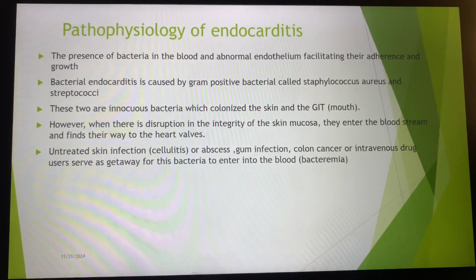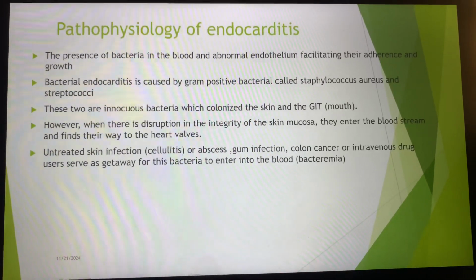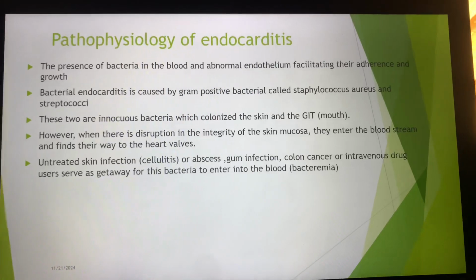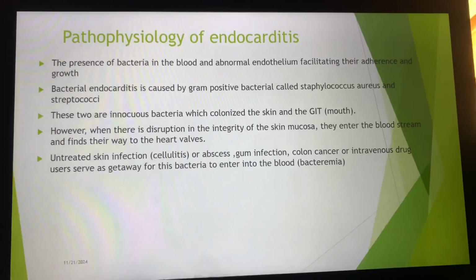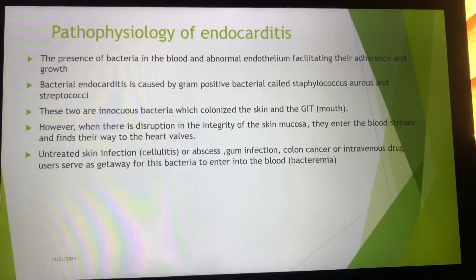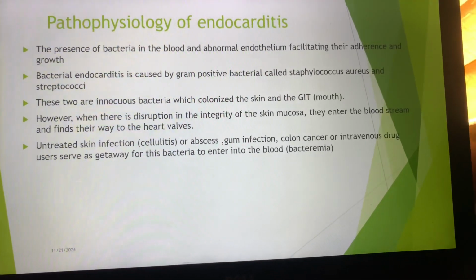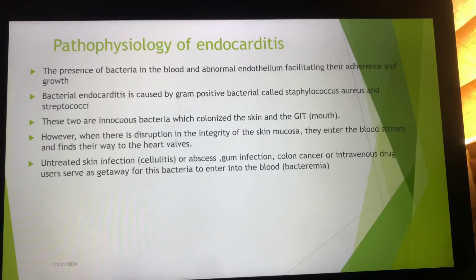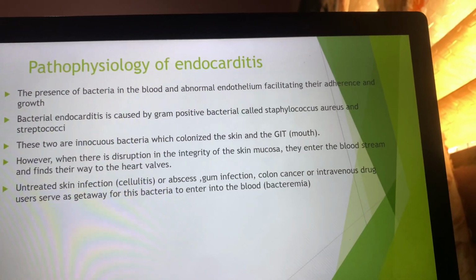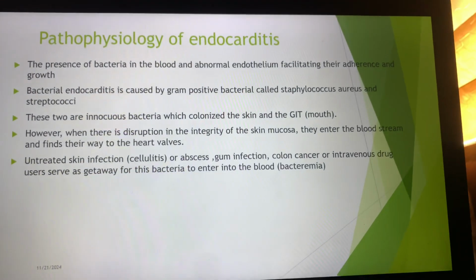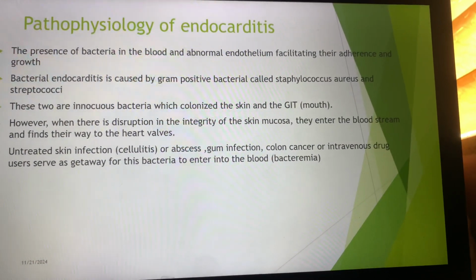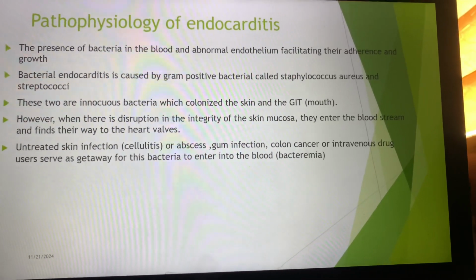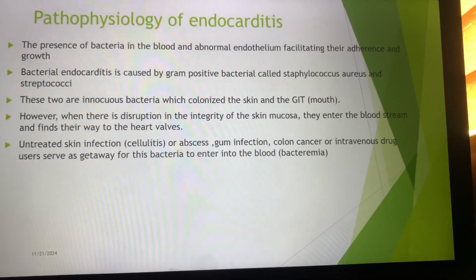bacterial endocarditis is caused by gram-positive bacteria called Staphylococcus aureus and Staphylococcus. These two bacteria we mentioned earlier are normal bacteria that live on our skin or in our GI. They are, however, harmless. But when there is a disruption in the integrity of the skin or mucosa, they enter into the bloodstream and find their way into the heart valves.